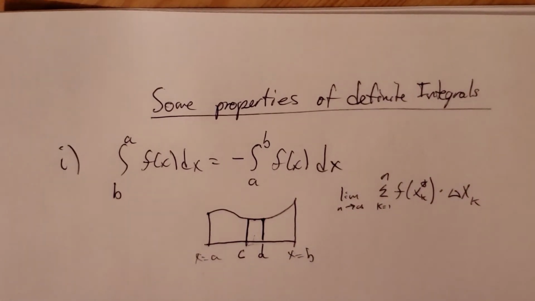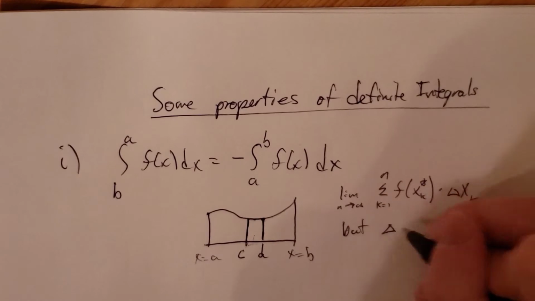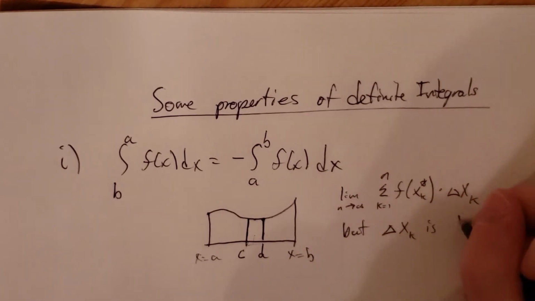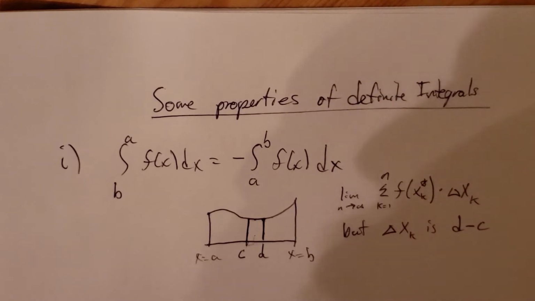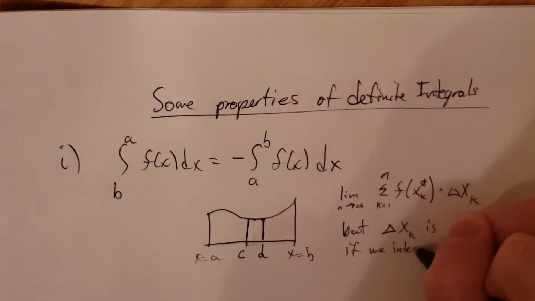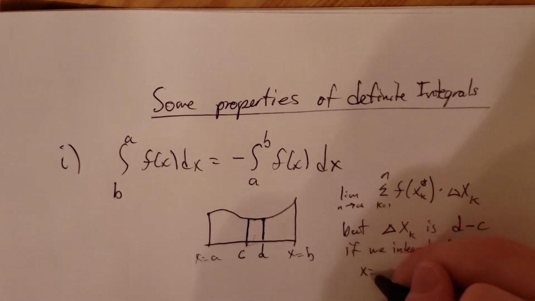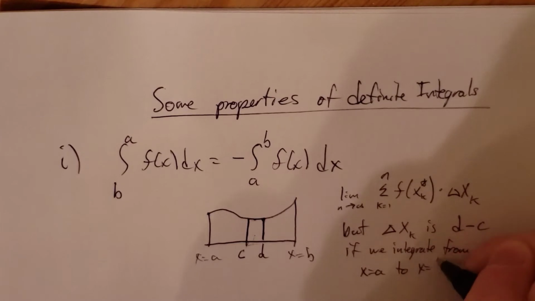So what does this mean? Let's go ahead and write that down. Delta x sub k is d minus c if we integrate from x equals a to x equals b.